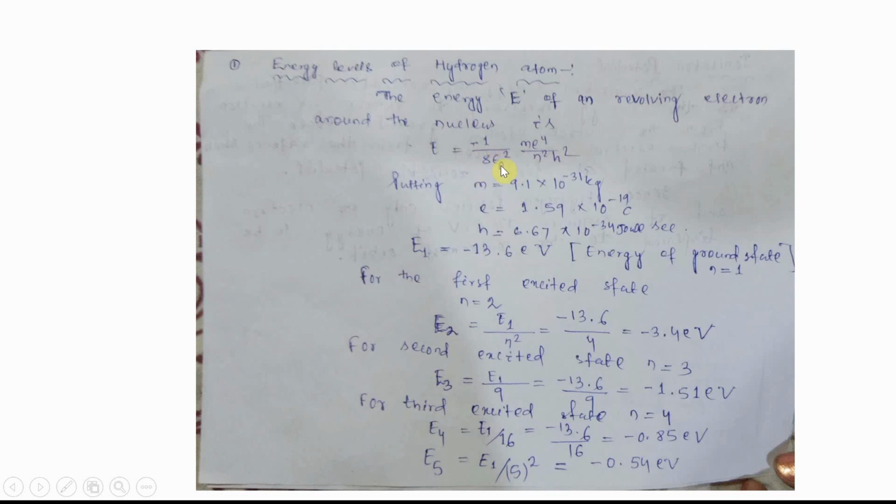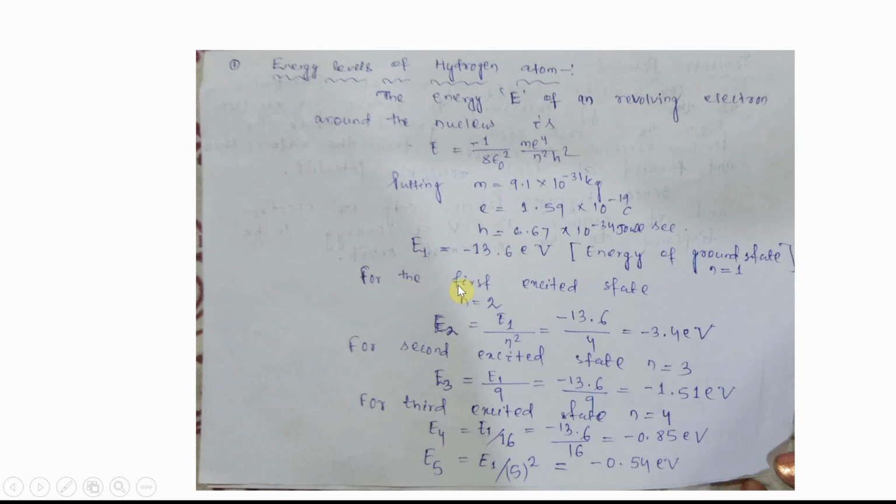We will get, as epsilon naught is a constant, for n equal to 1, minus 13.6 eV, meaning electron volt. So we can say that the energy of the ground state of the hydrogen atom, ground state meaning n equal to 1, is minus 13.6 eV.